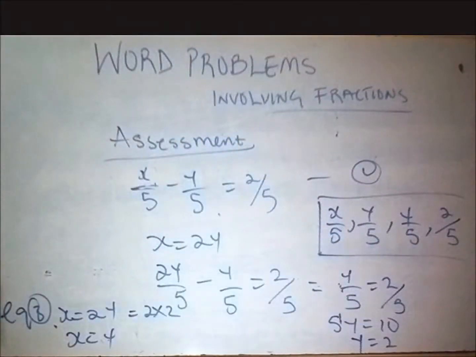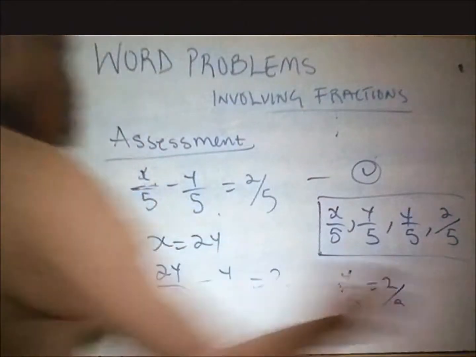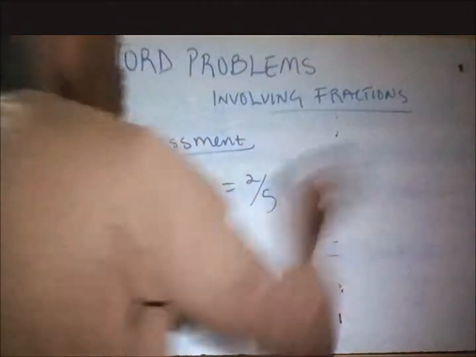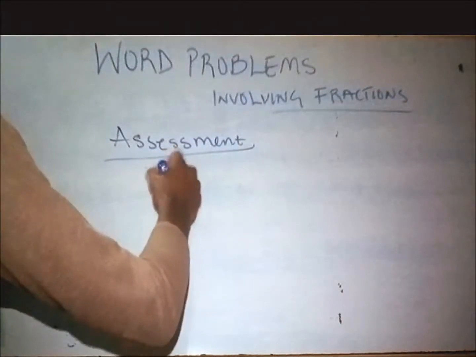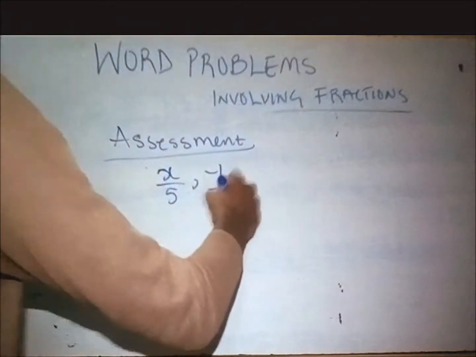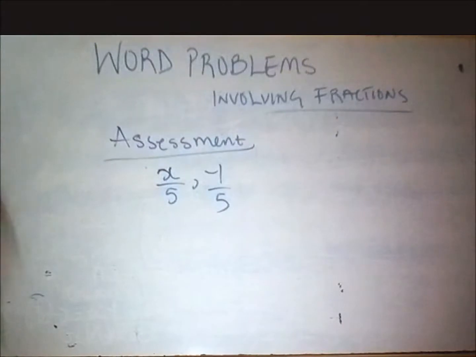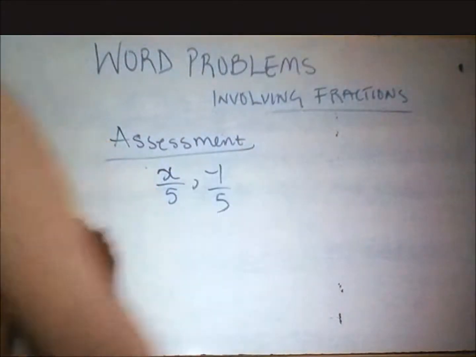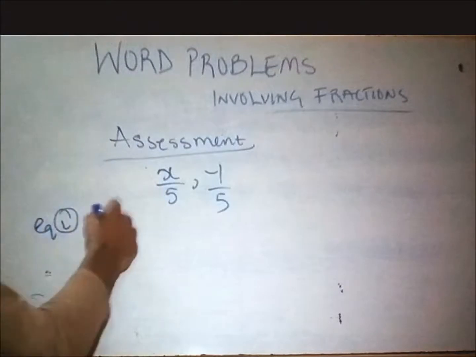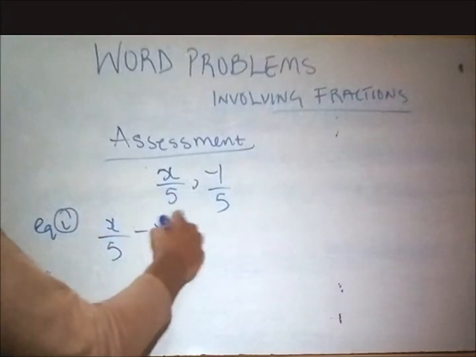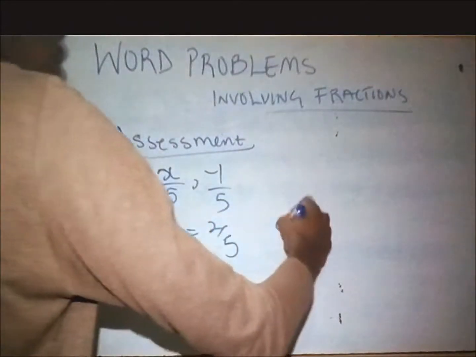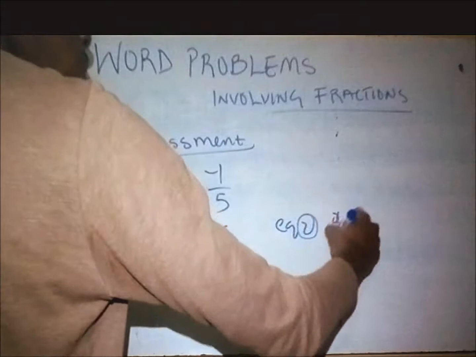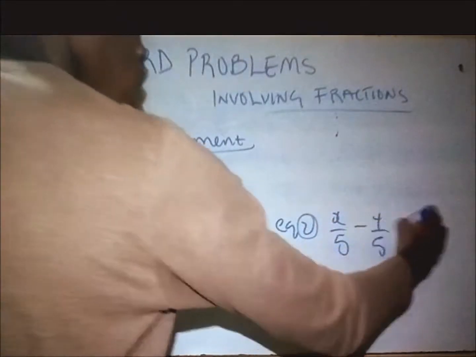But let me just give a little review of everything so that you see it clearly. So we started this way. We said there are two fractions that we want to know about, but their denominators are 5, so we had x over 5, y over 5. Then we said that the first equation was the difference between the two to give us 2 over 5. Then the second equation was to divide one by the other to give us 2.